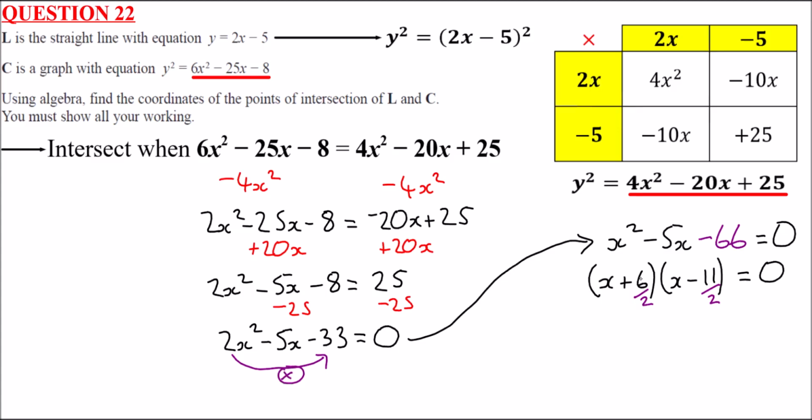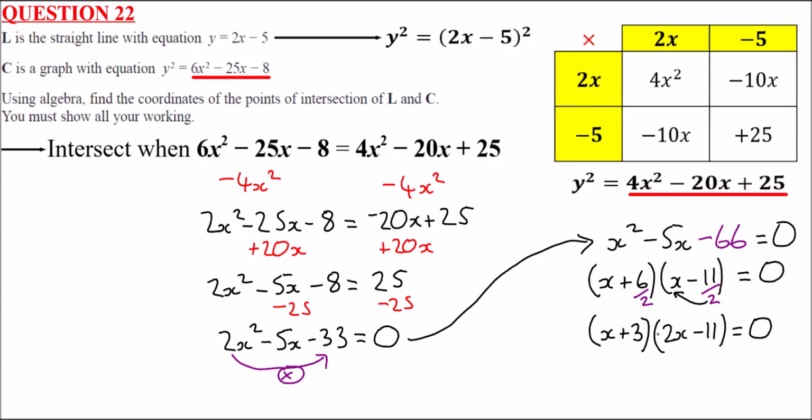So 6 divided by 2 we can do, that becomes x plus 3. 11 over 2 neither simplifies nor divides, so for this one we just simply shove the 2 in front of the x instead. So then we get 2x minus 11 equals 0. That's now fully factorised. You could have actually left it like this if you wanted to, but anyway, this is a more versatile way which always works.